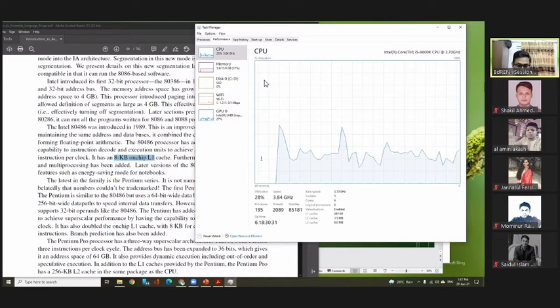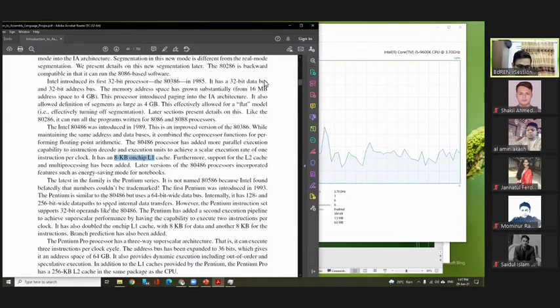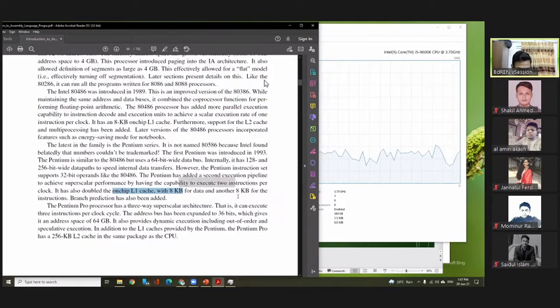Furthermore, support for the L2 cache and multi-processor has been added. Look at the next version, Pentium series. They have 4 kilo of L1 cache, and I think they have L2 as well, and another 8 kilo for the instruction. Of course, they actually have two, one for data, one for instruction.